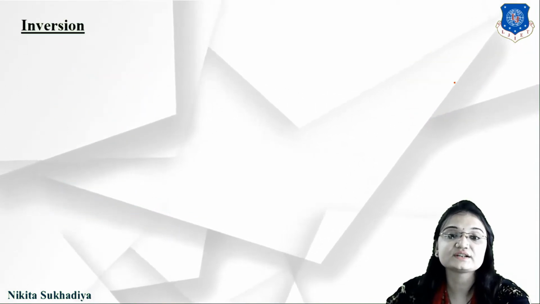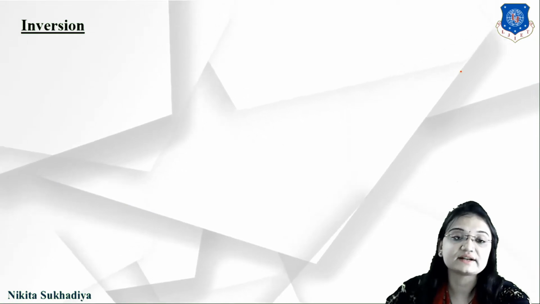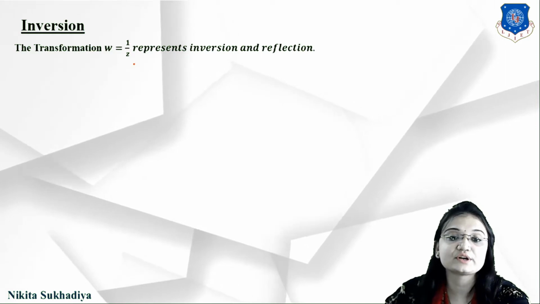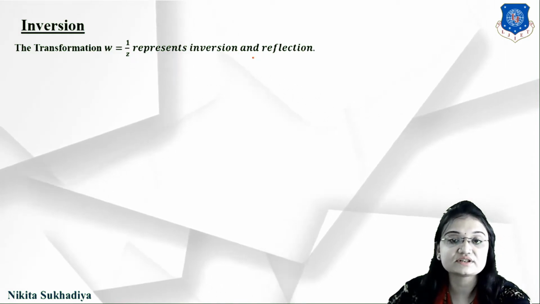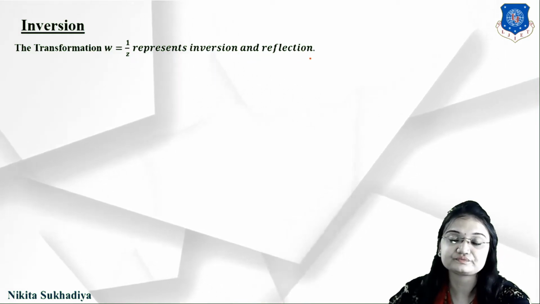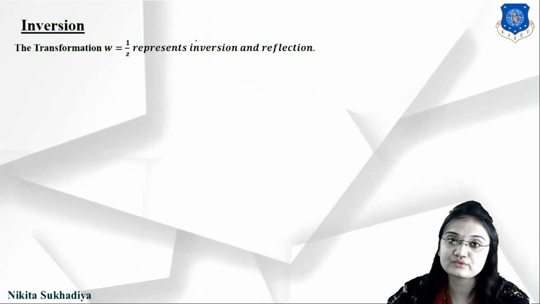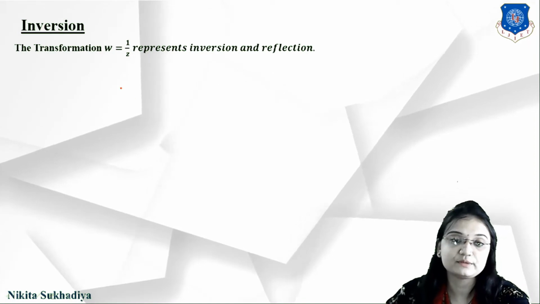Okay, let us understand the next topic, that is inversion. The transformation W = 1/Z represents inversion and reflection. Let us understand how we find the values of u and v of the W plane.